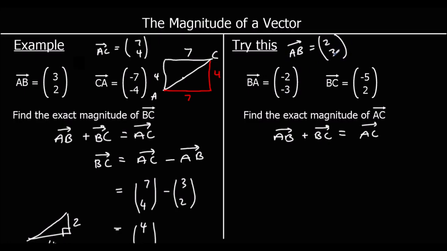So we've got 2, 3 plus negative 5, 2 equals A to C.